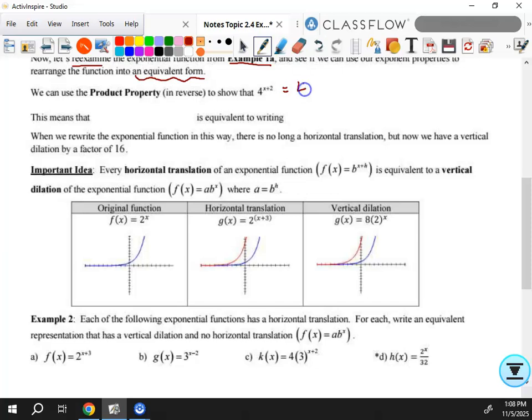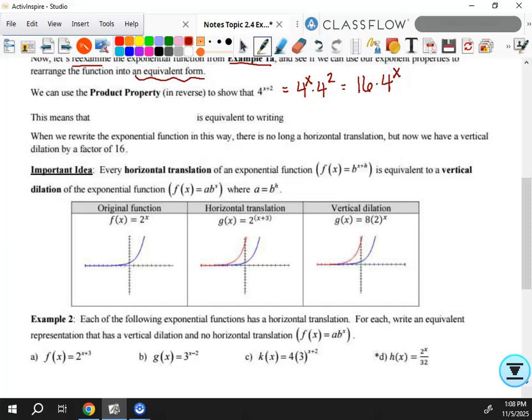This would be the same as 4 to the x times 4 squared. I'm unadding, not necessarily subtracting, but just splitting across from addition. But then 4 is a constant, so what's 4 squared? 16. So this is 16 times 4 to the x.